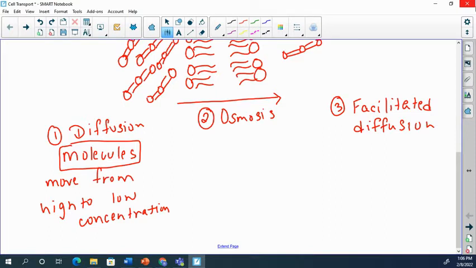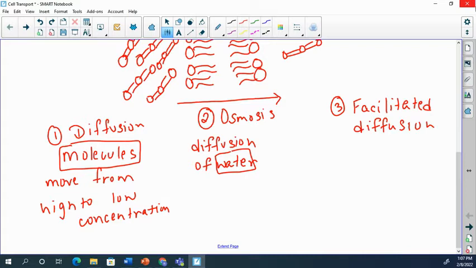Osmosis is the same thing as diffusion, but it's diffusion of water, not molecules. And again, it's from an area of high concentration to an area of low concentration.